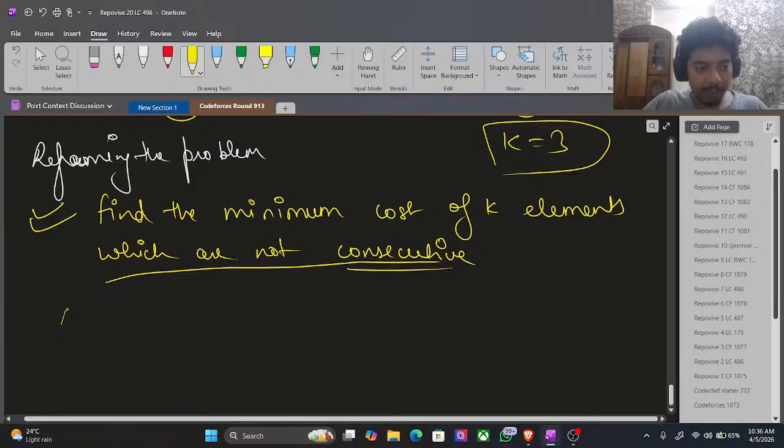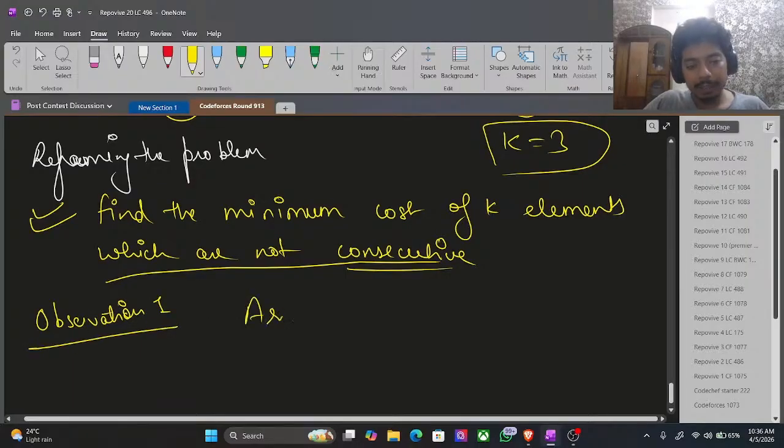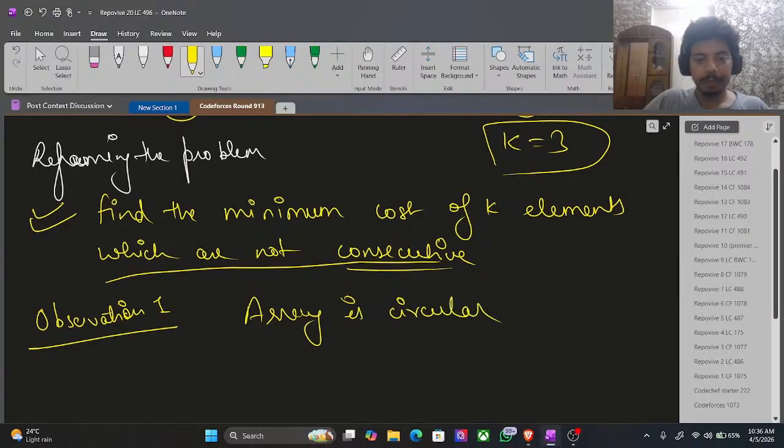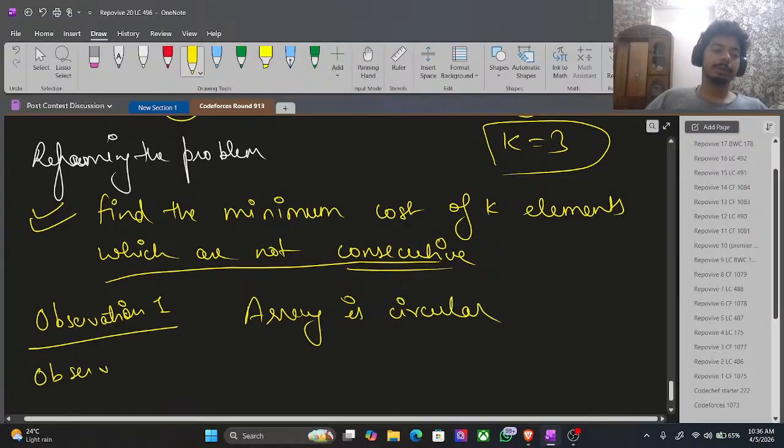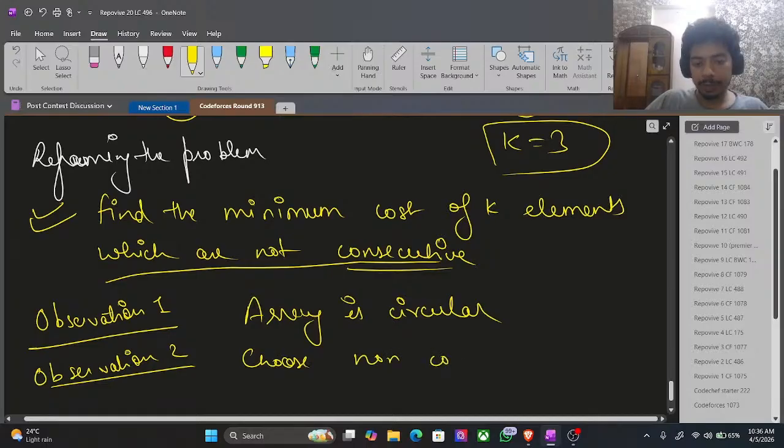First observation: the array is circular. Observation two: choose non-consecutive elements.